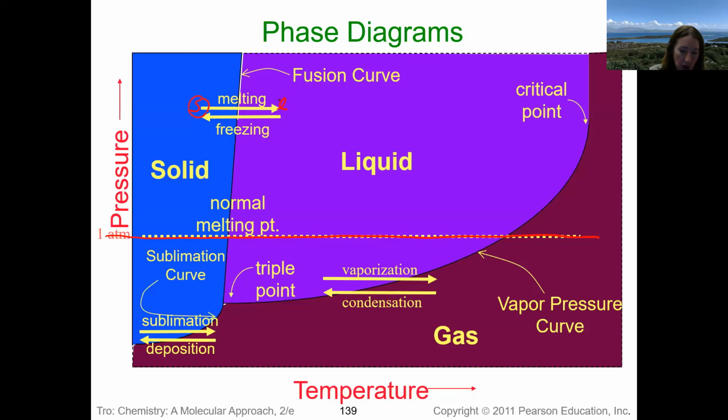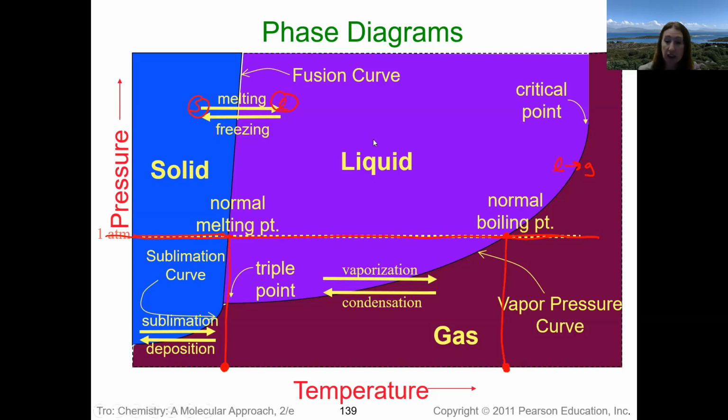When it goes from a solid to a liquid at sea level, that temperature is the melting point. Same thing with boiling point. When something goes from a liquid to a gas at sea level, that temperature is our boiling point.